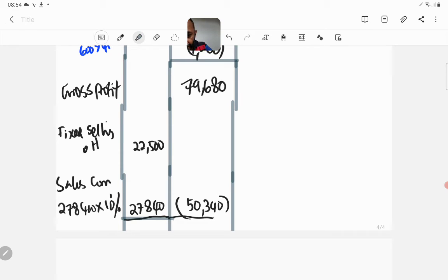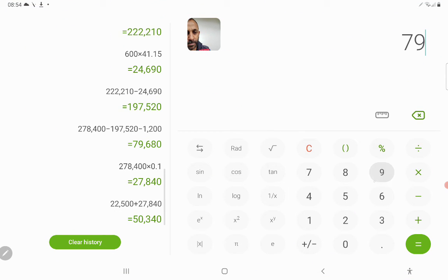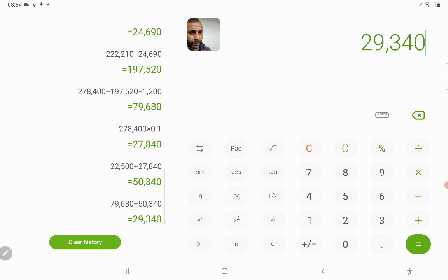When you subtract this, you get the net profit under absorption costing, which is 79,680 minus 50,340.